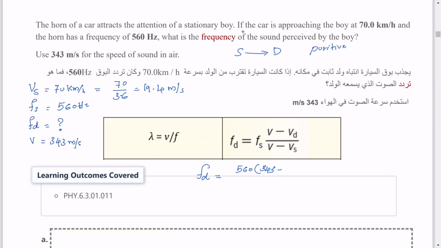Here you can see the car is approaching the buoy and the buoy is not moving, right?